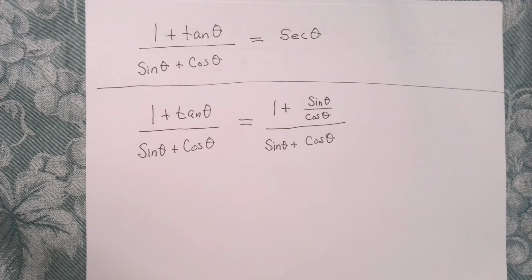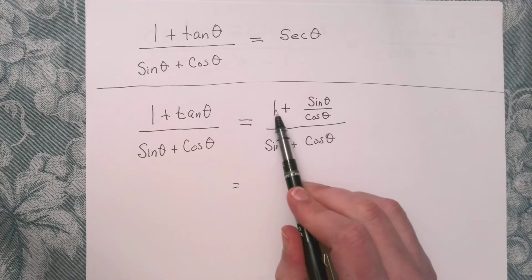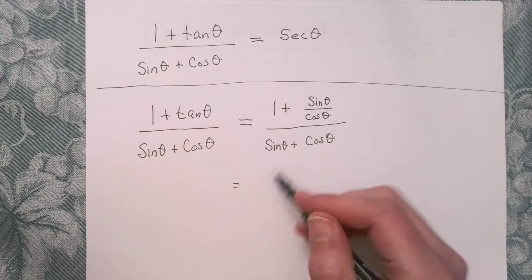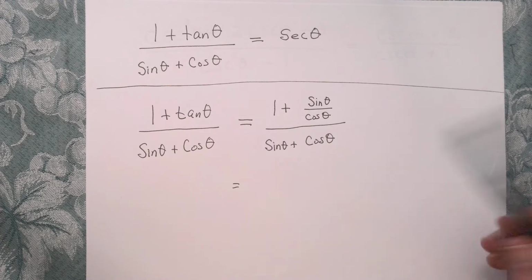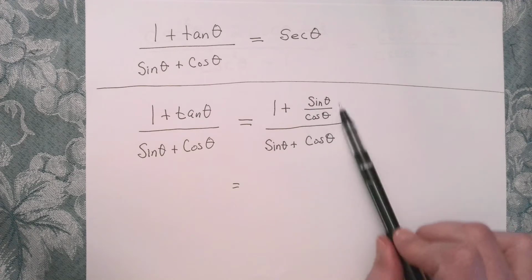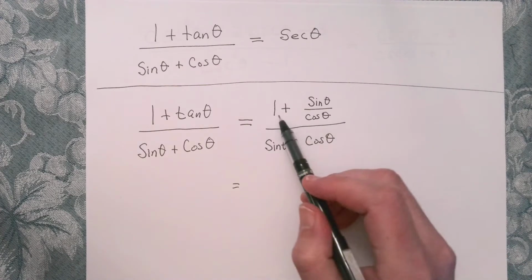This is not. Common denominators might be helpful. Let's see what happens. So I could think about 1 as cosine over cosine, and that might be helpful. So what's sort of the moral or the upshot here is maybe if one term is a fraction and the other isn't, maybe considering common denominators is perhaps useful. So yeah, let's try that.